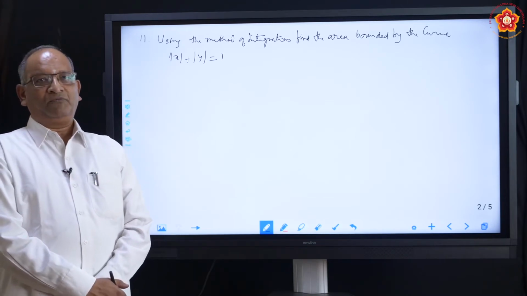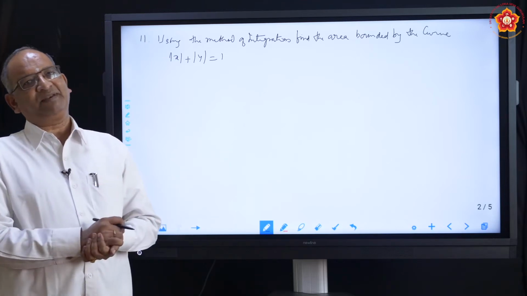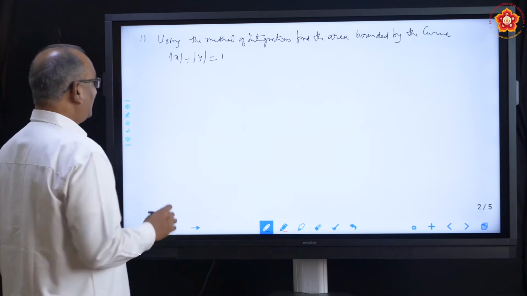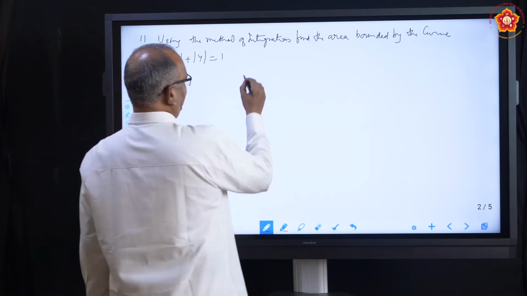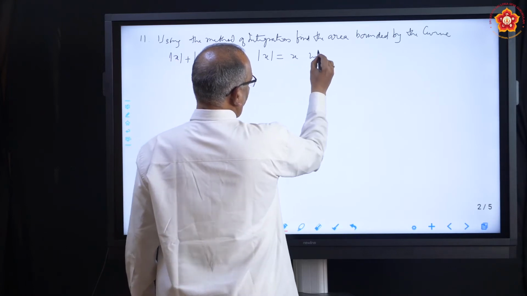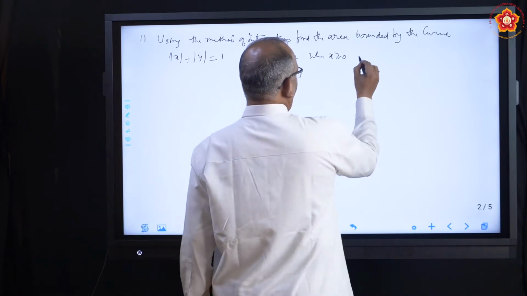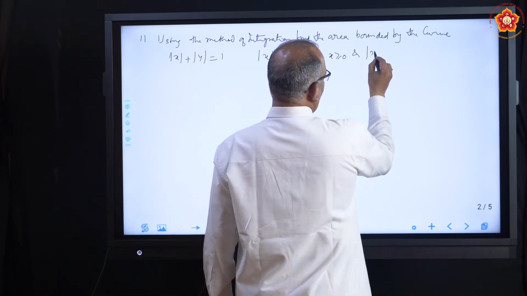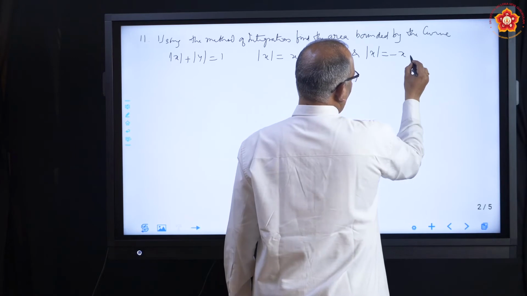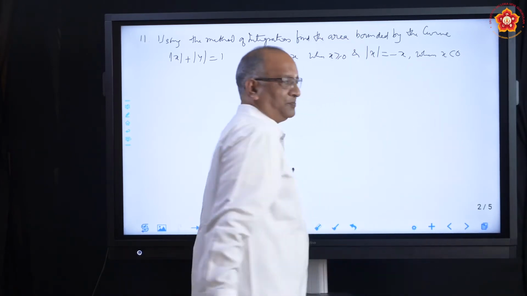Now, whenever we say modulus, we know that it has a positive value as well as a negative value. For example, modulus of x is equal to x when x is greater than or equal to 0, and modulus of x is equal to minus x when x is less than 0.